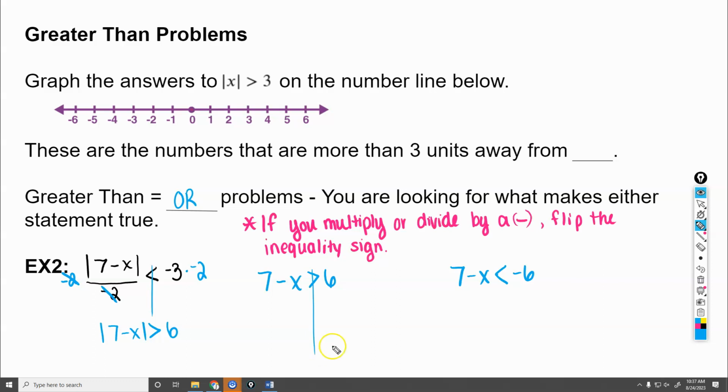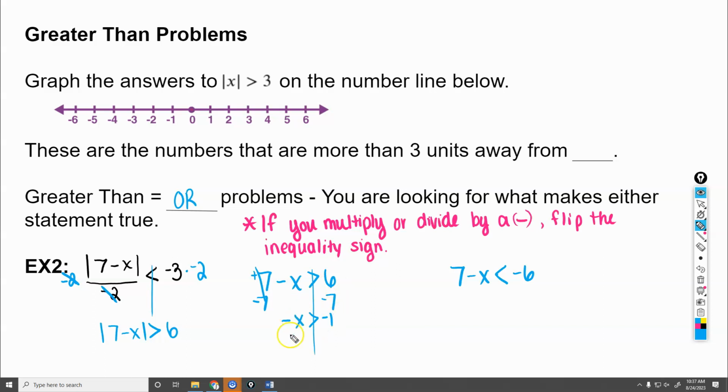So I need to get rid of that 7 first. How would I get rid of it? I'm going to subtract, because it's a positive 7, right? So I need to subtract 7. And that does not get rid of the negative. I still have a negative x greater than, and 6 minus 7 is going to give me negative 1.